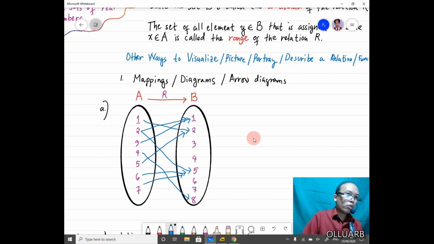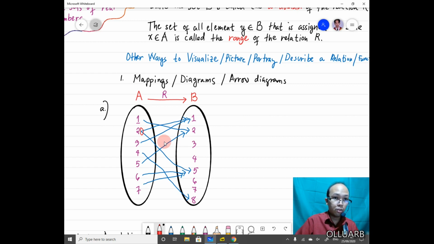And it says further that, for example, judge number 2 chooses again contestant number 1. So what did you see in this illustration? If there is more than one arrow in the object or element of the domain, like in this example, if it allows more than one arrow, then this example is a relation.